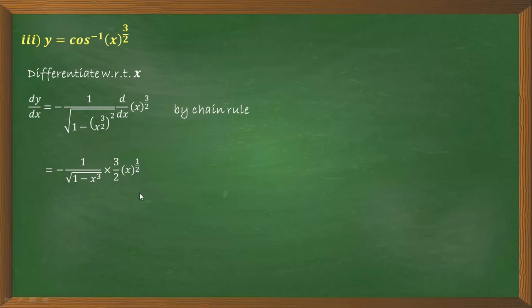Okay, so you can write the final answer like this, minus 3 upon 2 into root of 1 minus x cube into root x. Root x means x raised to 1 by 2. So you can write this as a final answer.